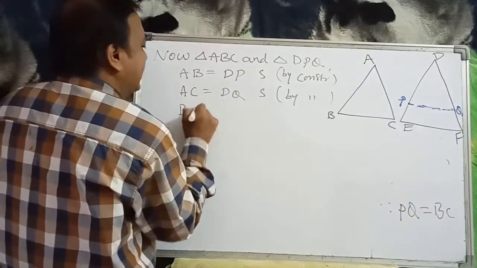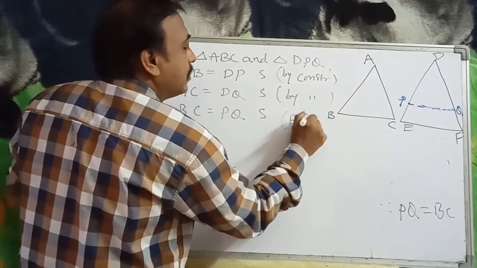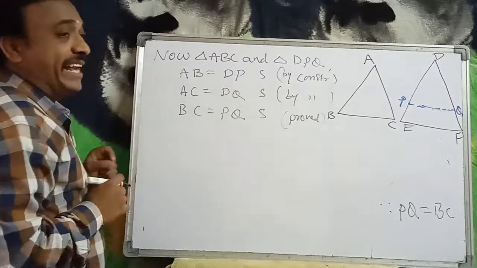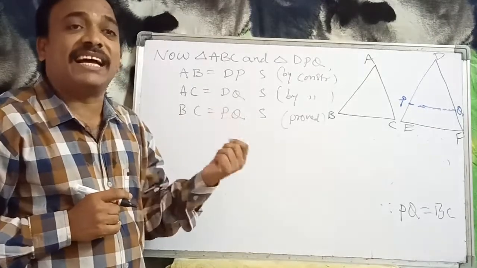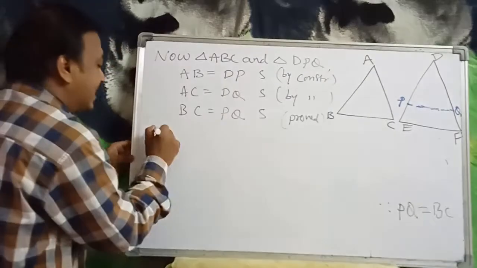That means BC is equal to PQ. This is a side, proved. So by the SSS congruence criteria, the two triangles are congruent.